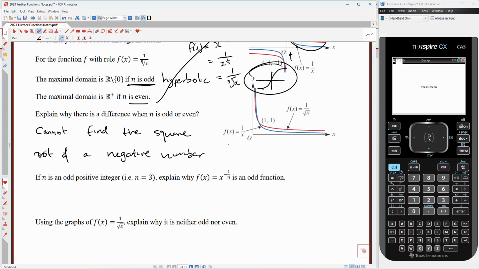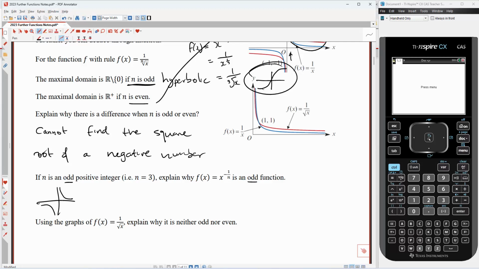In Math Methods anyway, we say it's not real. If n is an odd positive integer, explain why f of x equals x to the negative 1 over n is an odd function. Okay, so basically we'll draw this graph here.